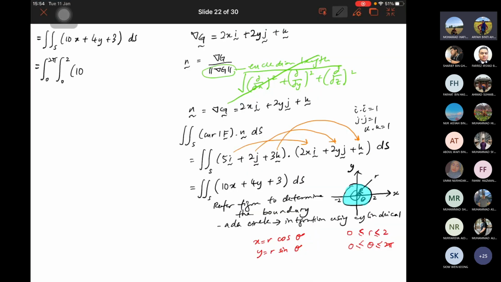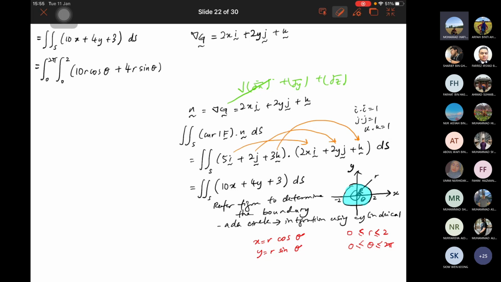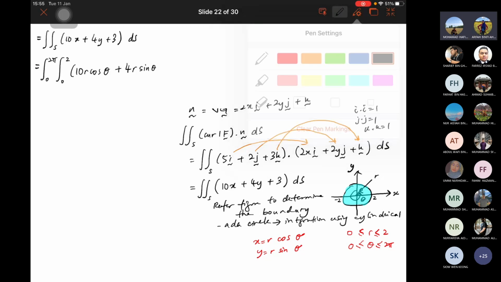10 r cos theta, okay, plus 4 r sin theta plus 3. Plus 3 multiply with r dr d theta.